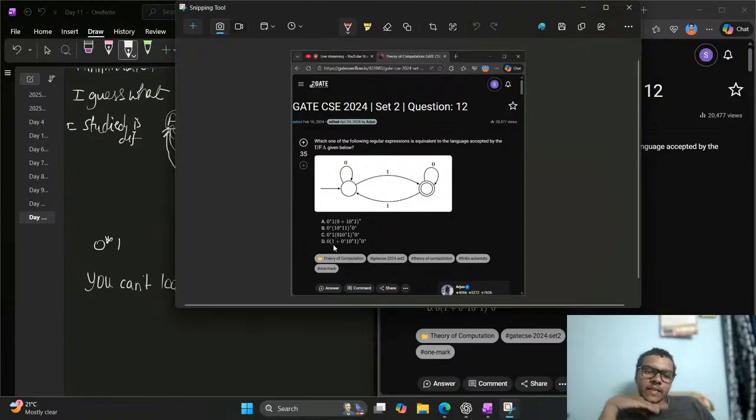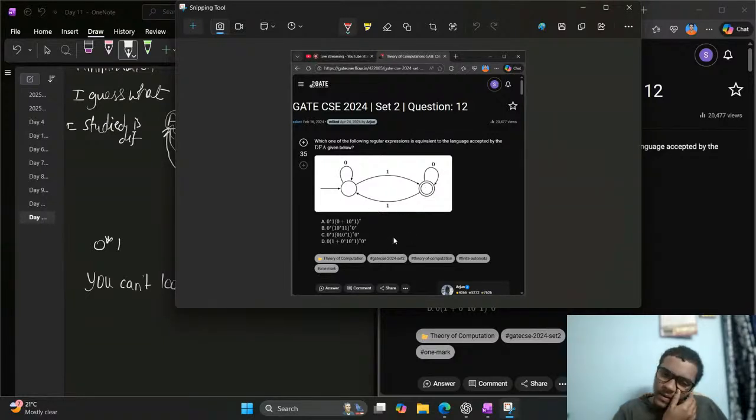So it is saying like 0, go to 1 and have any zeros and come again to 1 and loop any number of zeros and go again to 1. Zero, 1, okay.